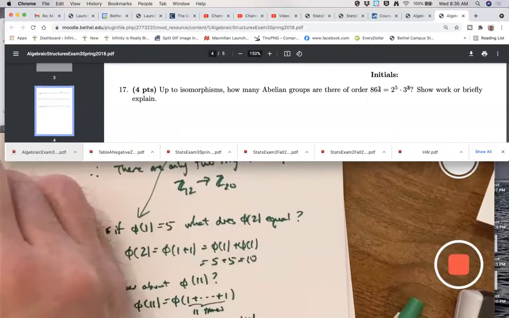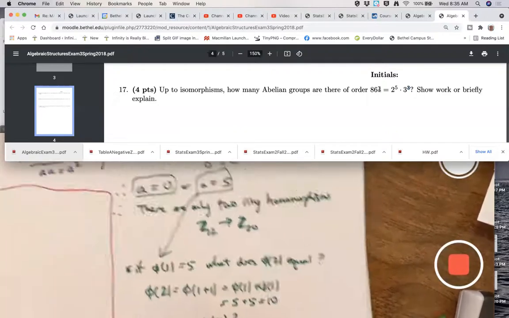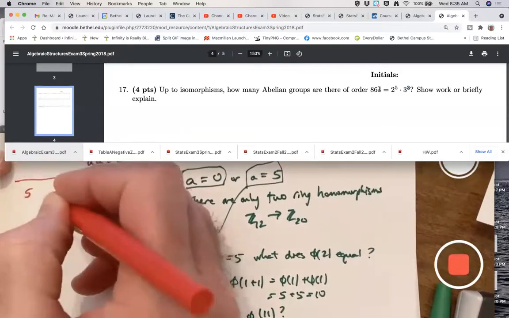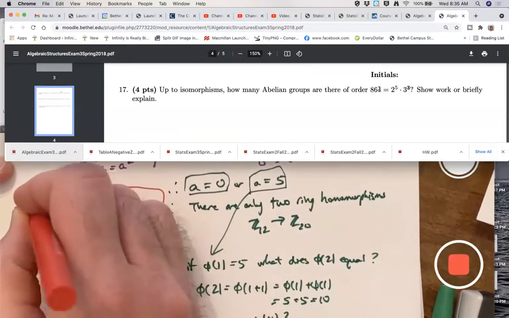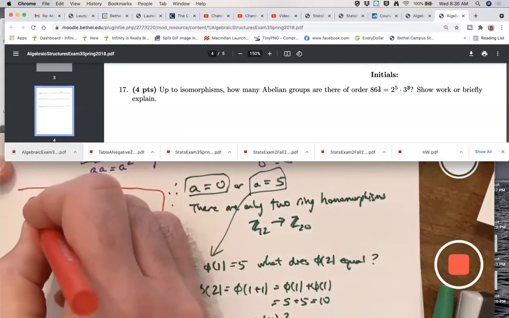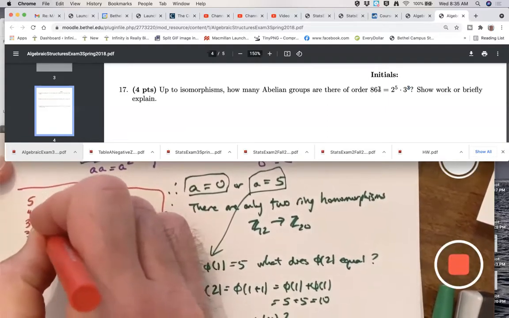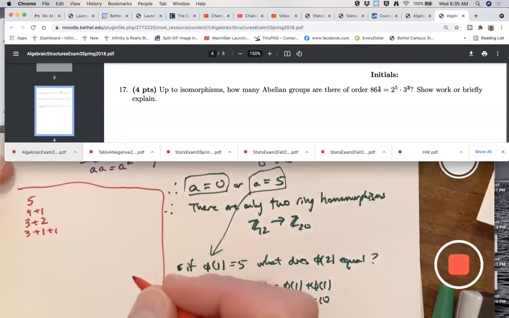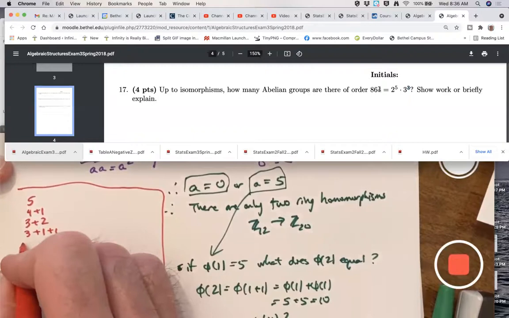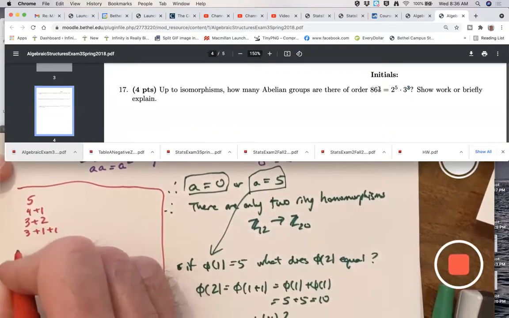So the exponent 5, how many ways are there of partitioning 5? There's 5 itself, there's 4 plus 1. There's 3 plus 2, there's 3 plus 1 plus 1. There's 2 plus 3, but you don't have to rewrite that because it's already been done as 3 plus 2.